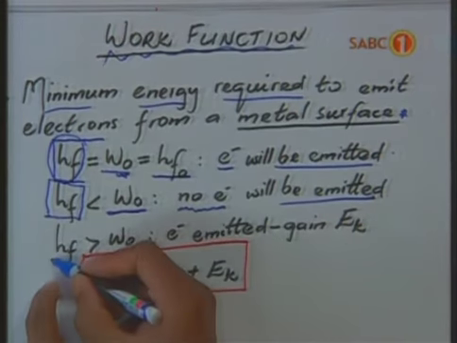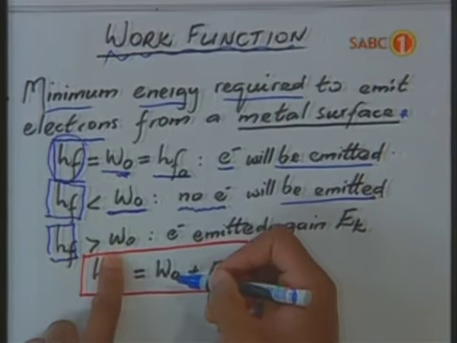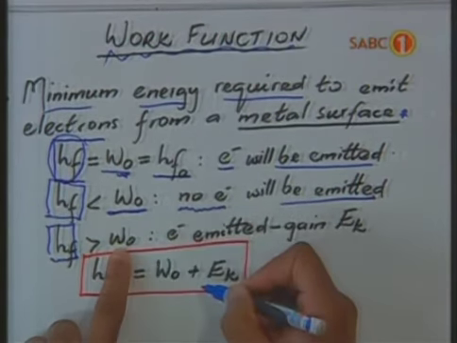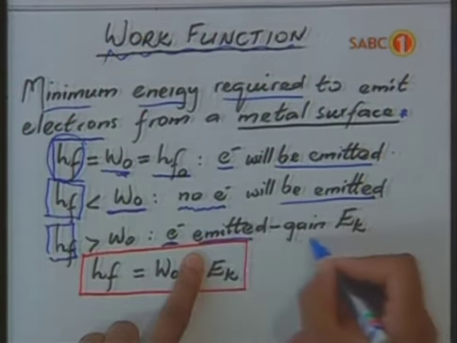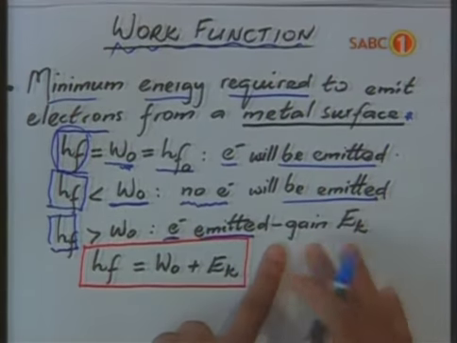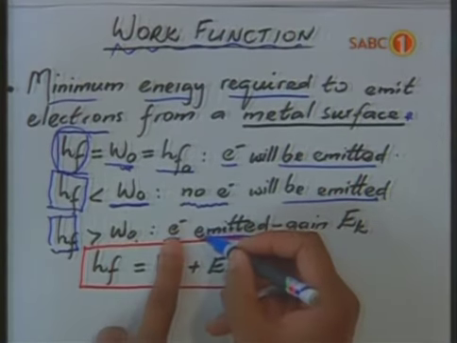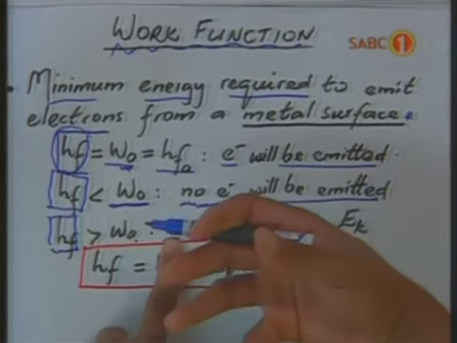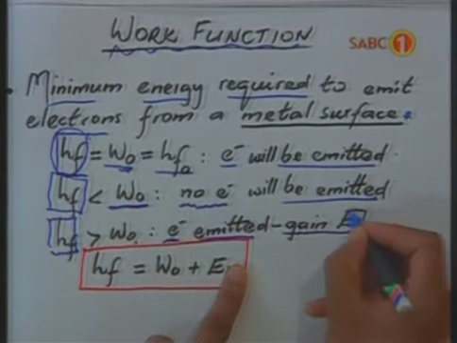Now, there is another situation where the energy brought by a photon is greater than the work function. If it is greater than the work function, we expect, of course, electrons to be emitted. But when they are emitted, remember that this hf is now greater than the work function, so there should be some energy left over. What happens to that energy left over, when part of the energy has been used to overcome the work function of the metal? Part of that energy will be gained by the electron as kinetic energy.